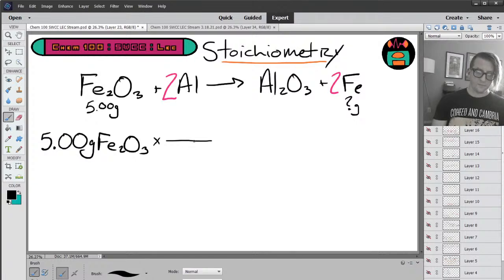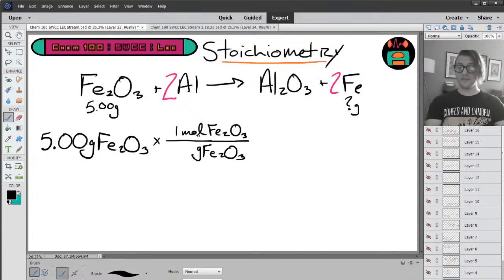All right, we need a unit conversion to convert from grams of iron 3 oxide to moles.